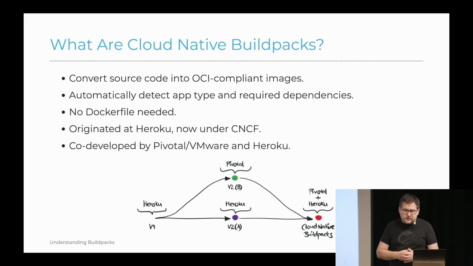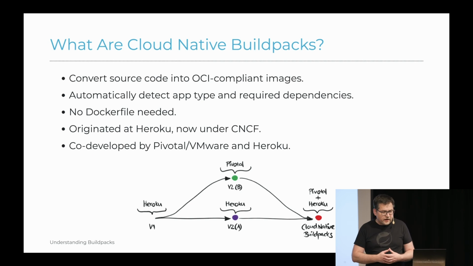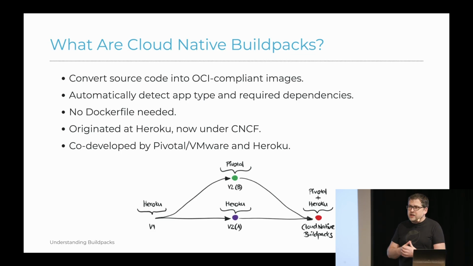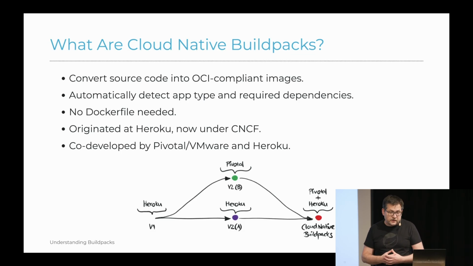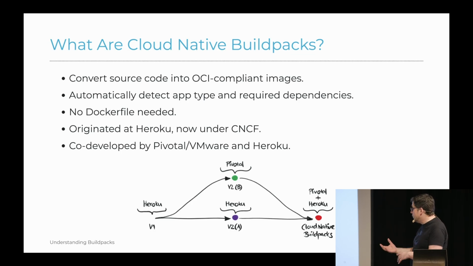Then a little bit later in history, there was this thing called Cloud Foundry, and I'm not sure who remembers that. The famous thing was just cf push. You pushed an application with this command on the command line to your cloud environment, and the platform was containerizing the whole thing. We got version 2 in flavor A and B, which were quite similar but still not the same.